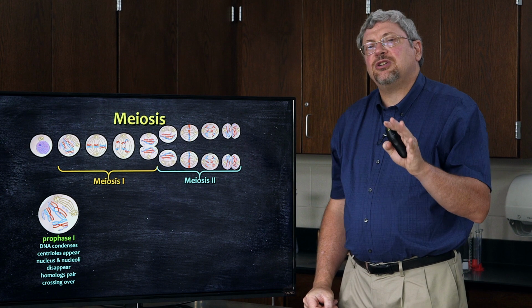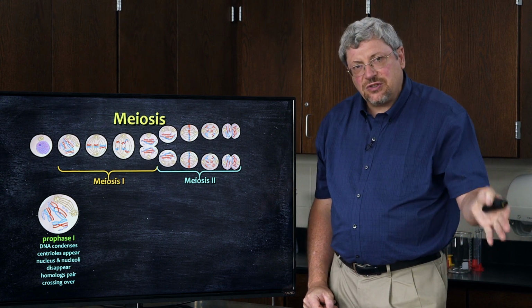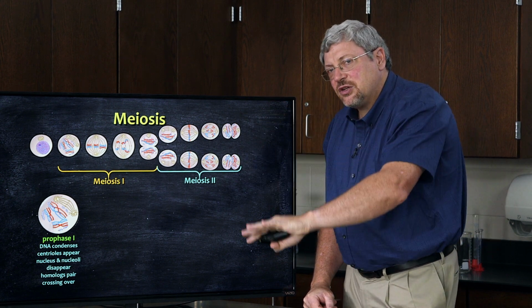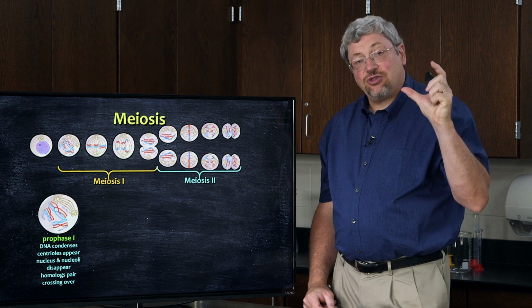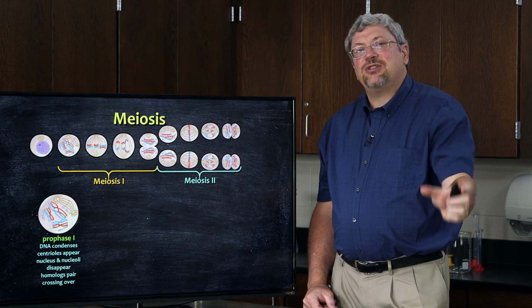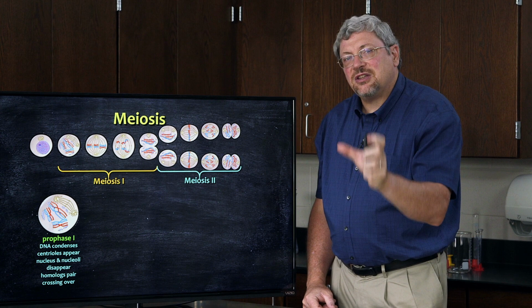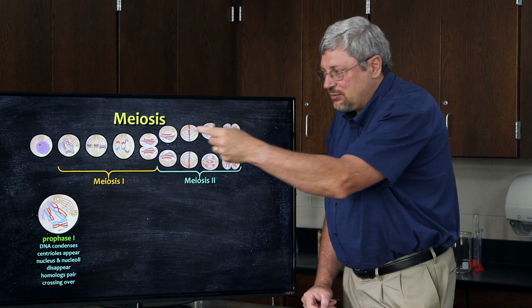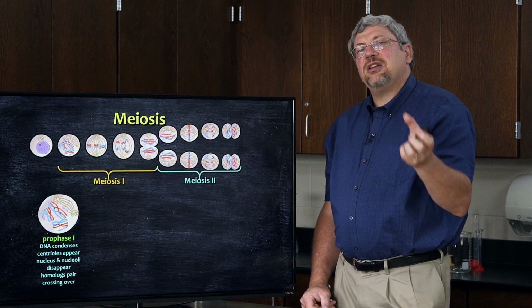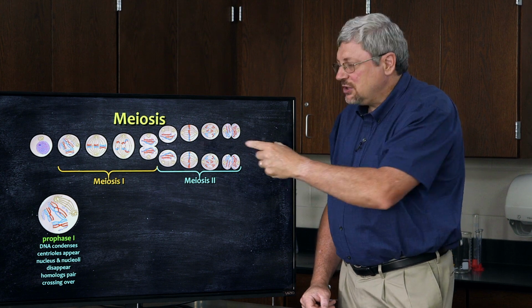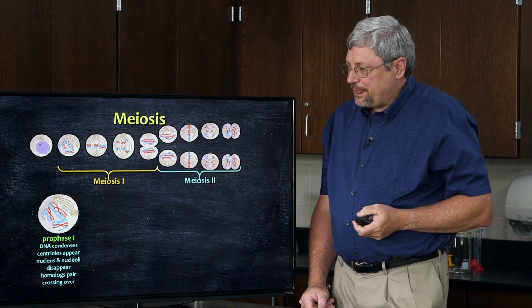So you can distinguish whether a phase is in mitosis, meiosis 1, or meiosis 2 by whether it's got simply the name of the stage, that would be mitosis, or if it's got the name of the stage plus a 1, that would mean meiosis 1. If it's got the name of the stage plus a 2, that would be meiosis 2.